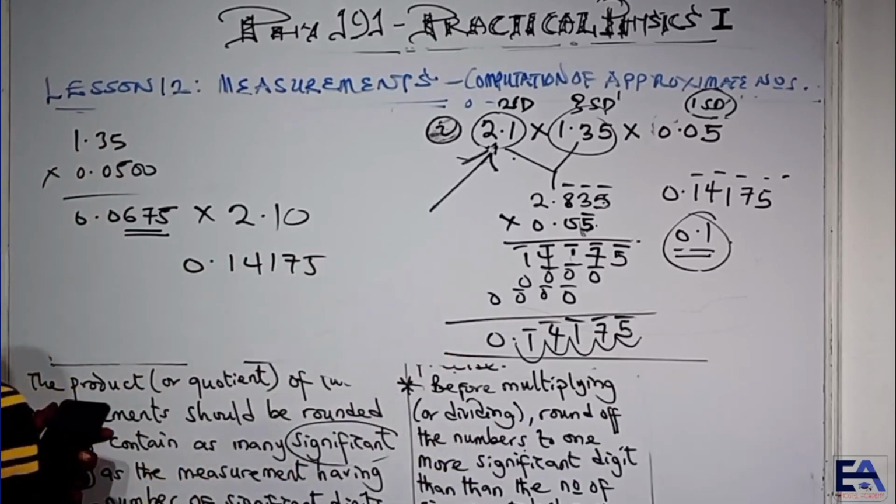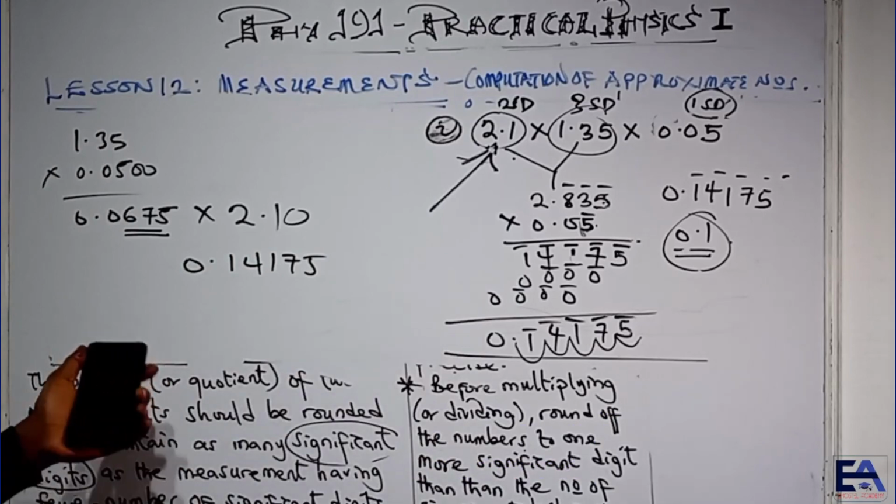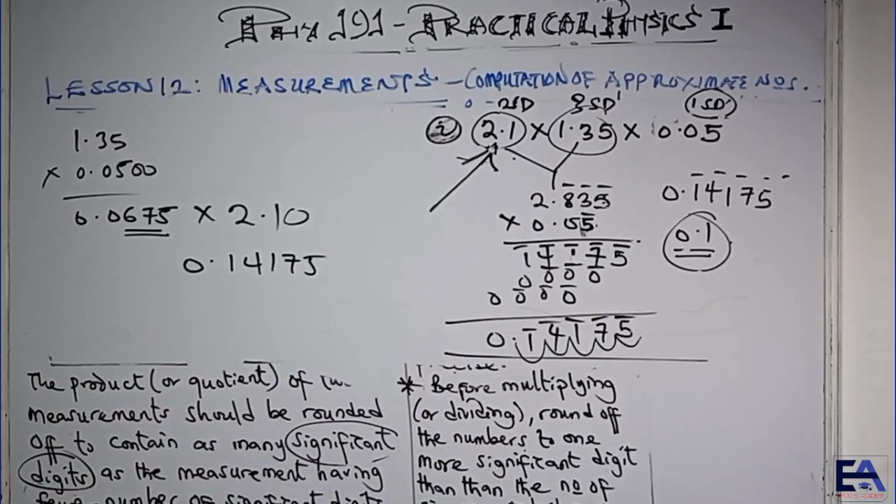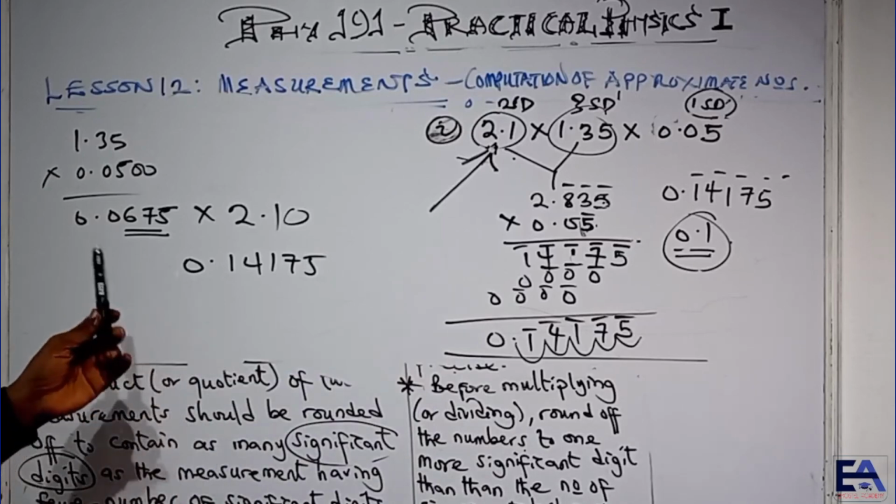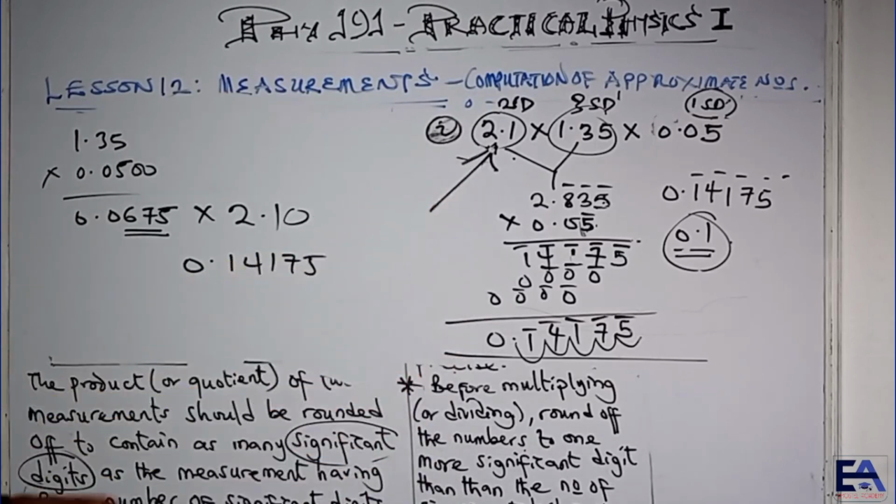And then you can now round it off and get your final answer. So it's still the same thing. And the final answer should have the number of significant digits as the other one. So it just still applies, and you still get the same result at the end of the day.